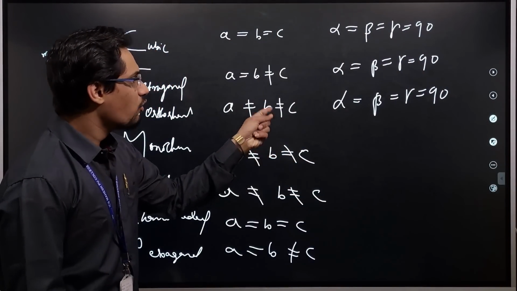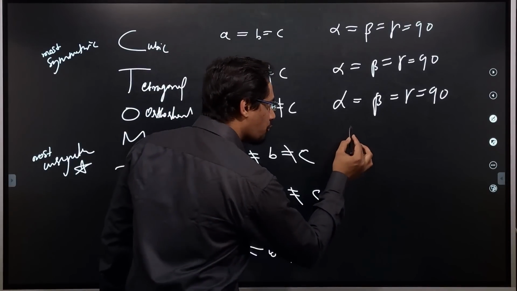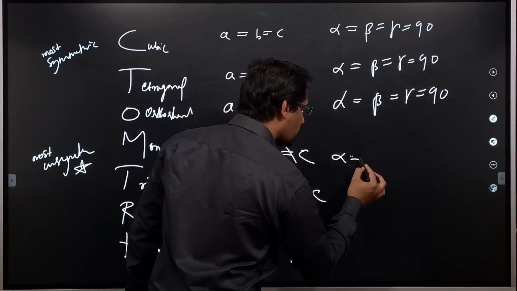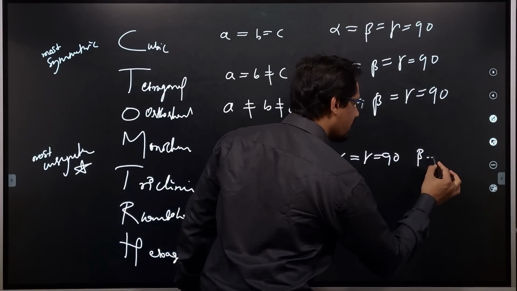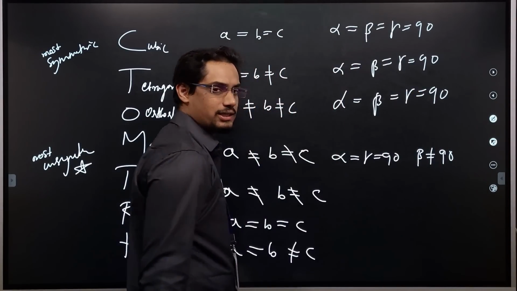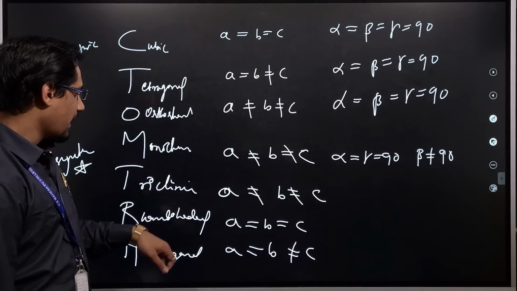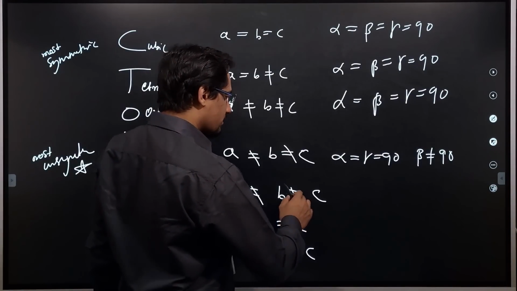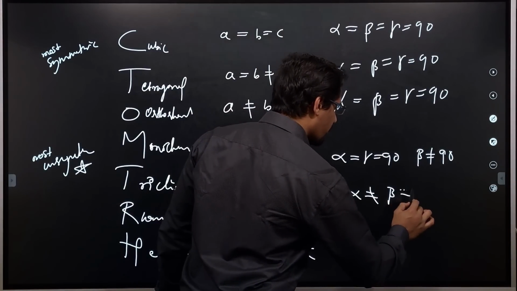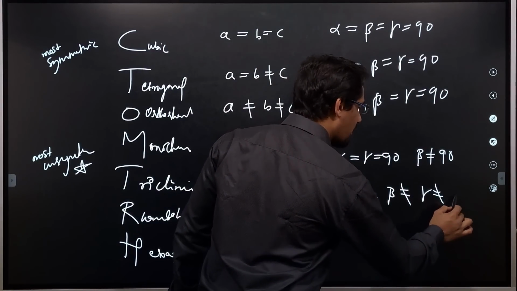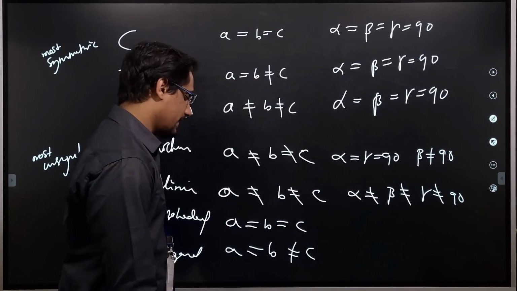For monoclinic, one is not equal: it is beta. Alpha equal to gamma equal to 90, but beta is not equal to 90. Triclinic is most unsymmetric: alpha is not equal to beta is not equal to gamma is not equal to 90.